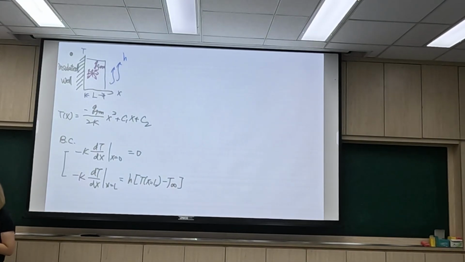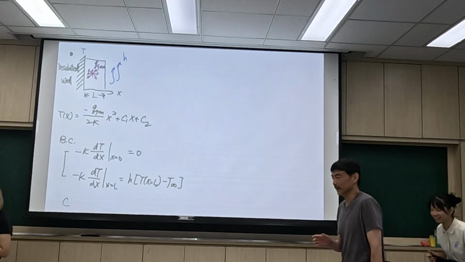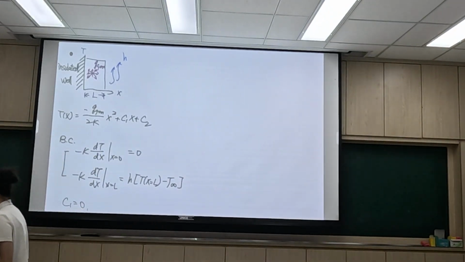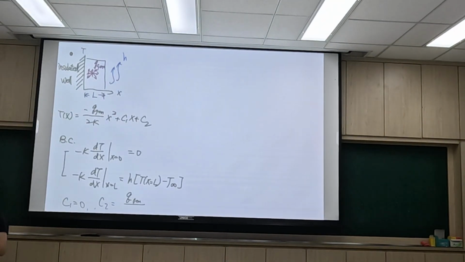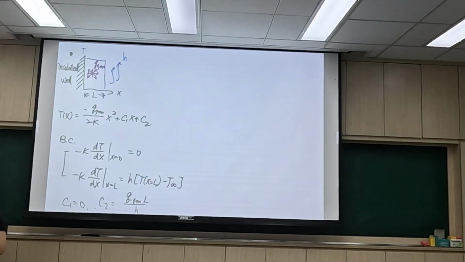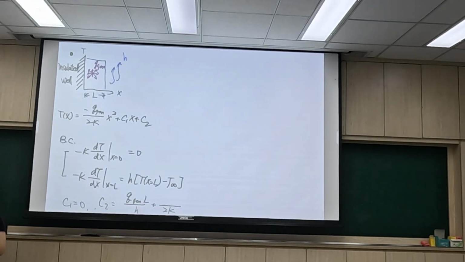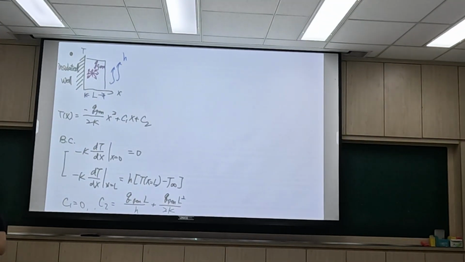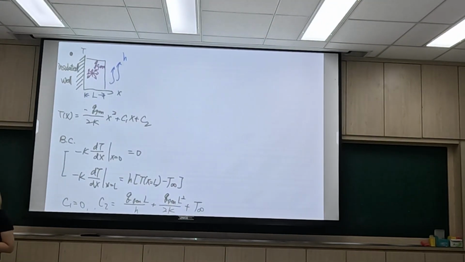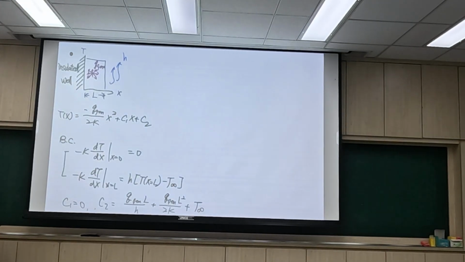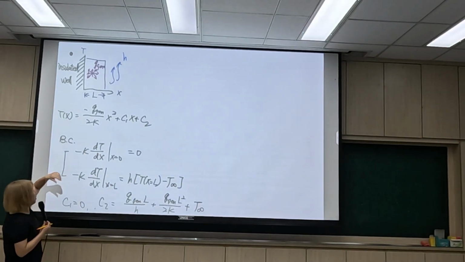Okay, so we put x equals 0 back into the upper equation, then you can easily get C1 equals 0. And C2 equals q generation L over h plus q generation L squared over 2k plus the far-away temperature. Then put C1 and C2 back into the equation.